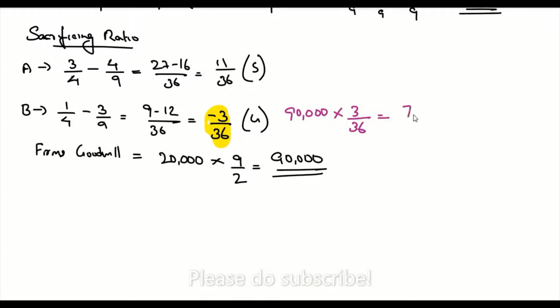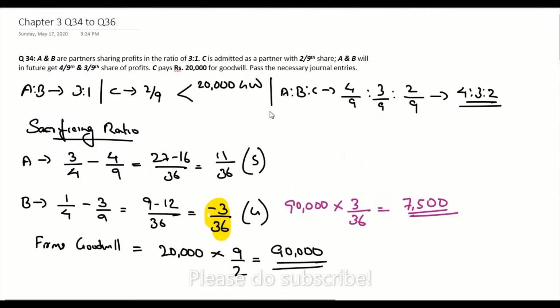That is equal to 7,500. So since B is gaining from this new ratio, B also will have to bring goodwill. 90,000 we calculated as the firm's goodwill. 3/36 is his new gain in the firm. So he has to bring 7,500 apart from C, who is bringing 20,000 as his share of goodwill.